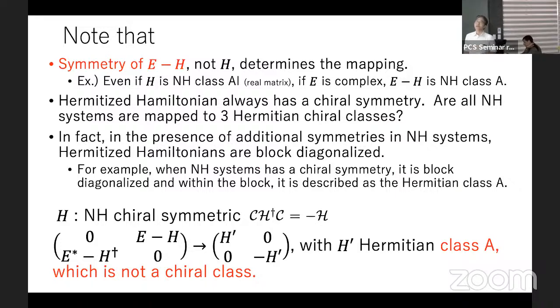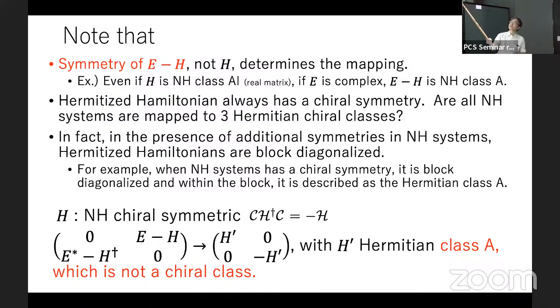First of all, it's not H, but E minus H that determines the symmetry. Even if H is non-Hermitian class A1, where A1 is a real matrix but not symmetric, like Hatano-Nelson, a non-Hermitian matrix has eigenenergy, which is complex.